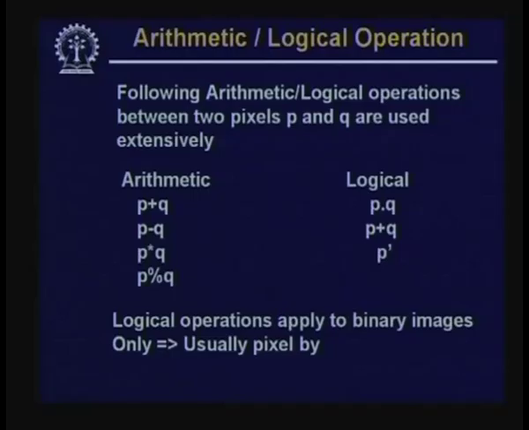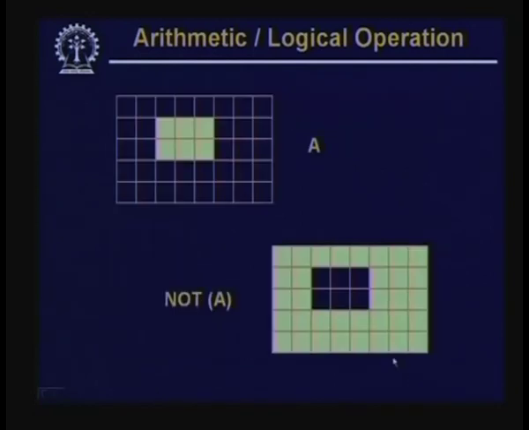Similarly, for binary images we can have logical operations: ANDing pixel by pixel, ORing pixel by pixel, and inverting pixel by pixel. So, these are the arithmetic and logical operations we can do on gray level images, and logical operations on binary images.